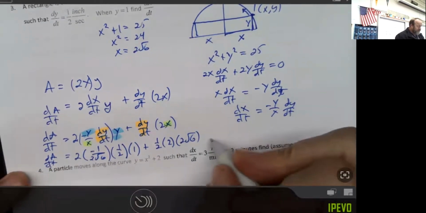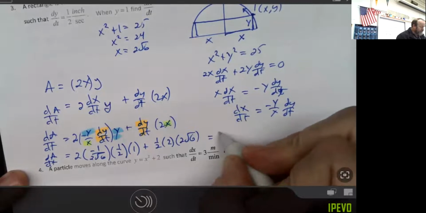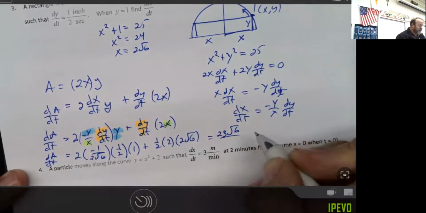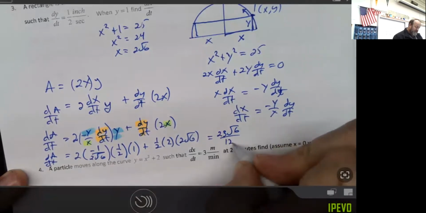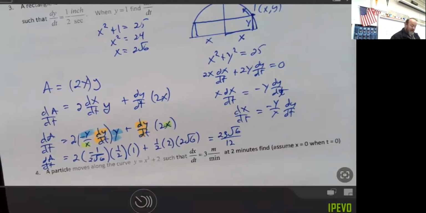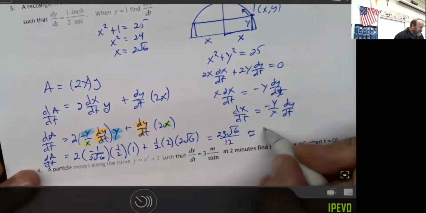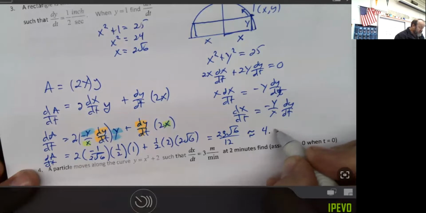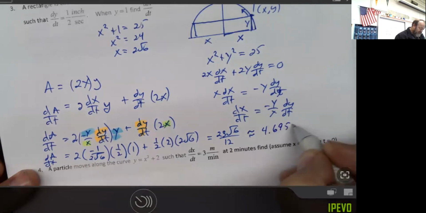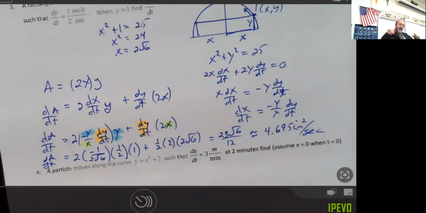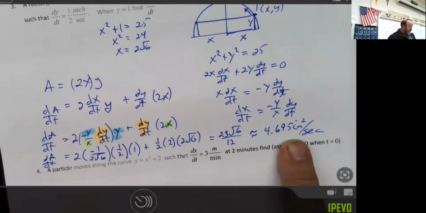Now, if we put that all together, I will spare you a little bit of the pain of that work, but I believe we get 23 roots of 6 over 12 if we were to rationalize that and make that pretty. Or if we gave up and just typed it into a calculator, we get 4.695 inches squared per second. So the fact that we're gaining height but losing width ultimately still means in the balance we gained a little bit of area.